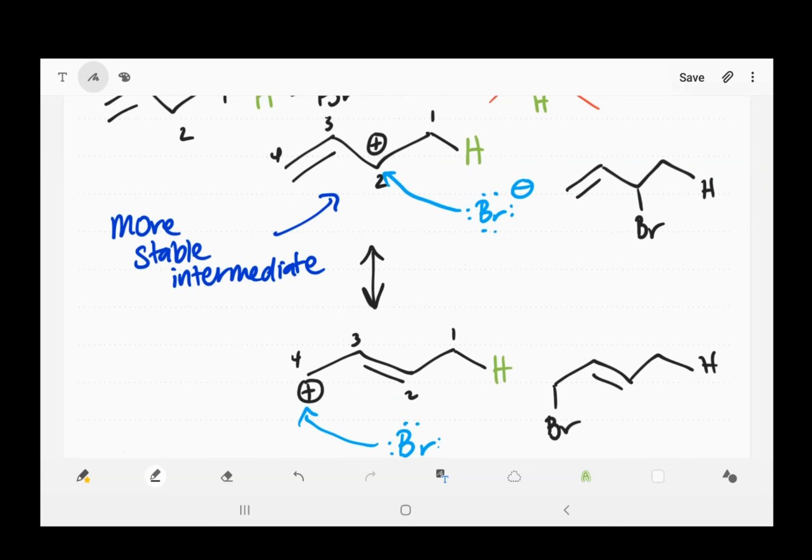So we'll form our carbocation just like we would before, as in a plain old electrophilic addition to an alkene. We're going to potentially resonate it, but we see that already we have the more stable intermediate. We don't need to resonate it. But let's talk about the products.